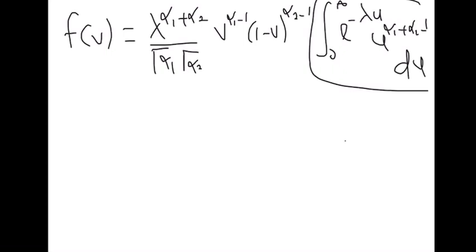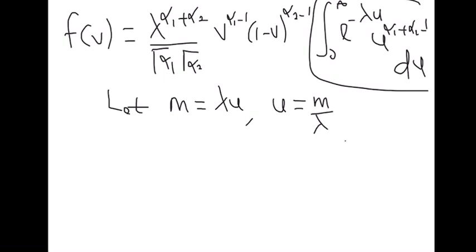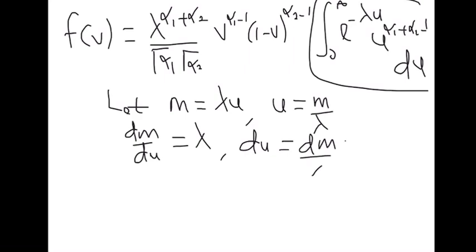By using a substitution approach, let m be equal to lambda u, right? Then u is going to be m over lambda. What is dm? dm here is going to be lambda du. And u is going to be m over lambda, right?